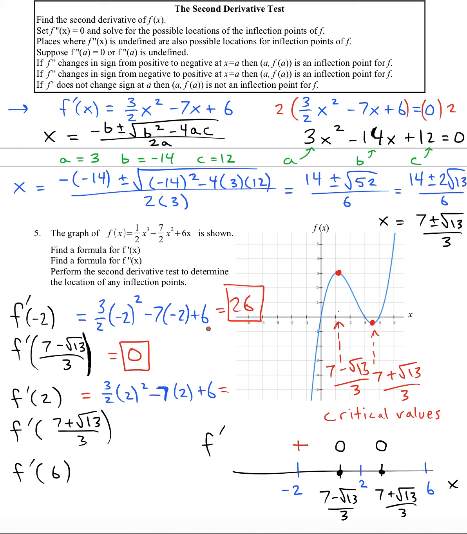Okay, I get a -2 there. Our derivative at the other critical point will also be 0. And then finally, our rightmost x that we're testing is an x of 6.